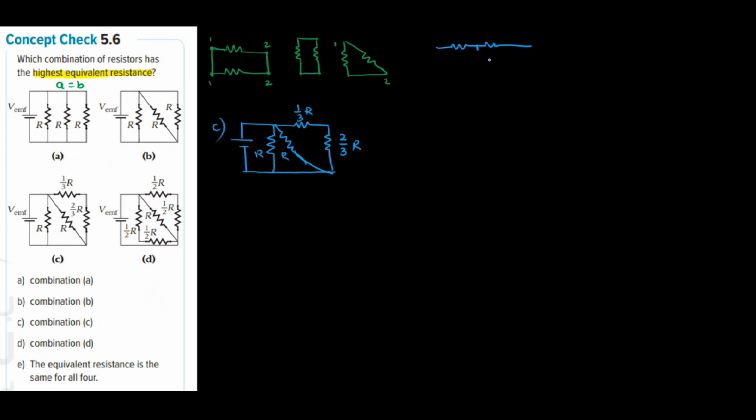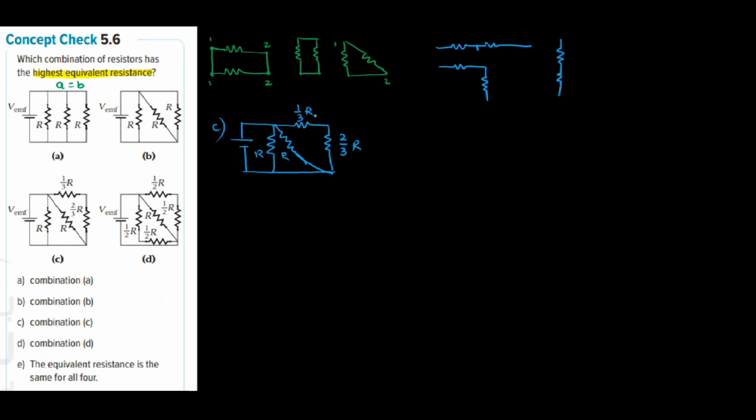So no matter the orientation, it could be horizontal, vertical, or it could be connected like this. Only one terminal of the resistors are connected to each other. The other terminals will be connected to something else, but not to the same resistors. So this kind of combination is called a series combination.